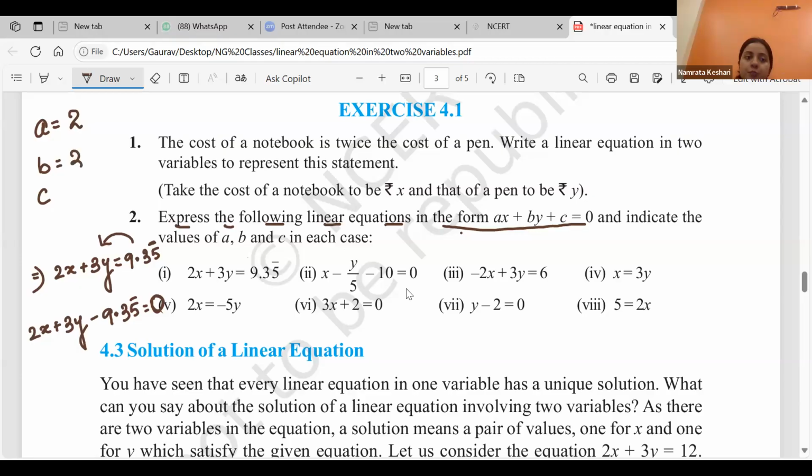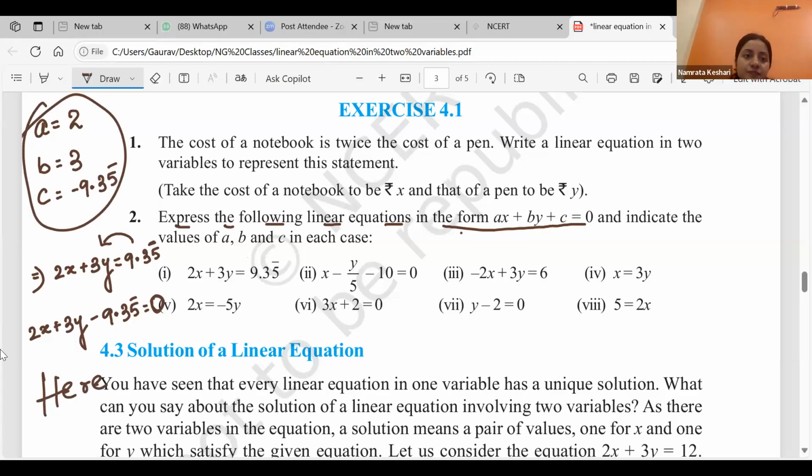Yes, positive 3. And what about c? Minus 9.35 bar. So this is a, this is b, this is c. We have written it in standard form first, and then declared what a, b, c are. This abc you don't have to write above this one, you will write it here. Getting it? Yes, ma'am.